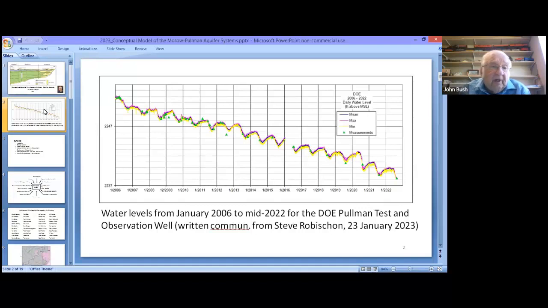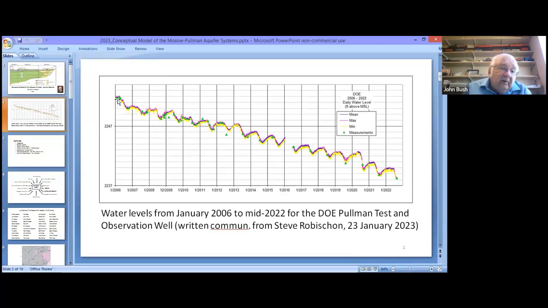Before we get started, just one thing we want to remind you of is why we are doing all this study, and why, when I talk about significant modern recharge, we are worried. Well, let's look at this water level chart put together by Steve Robischon. He puts together charts for wells in the PBAC monitoring system every year.